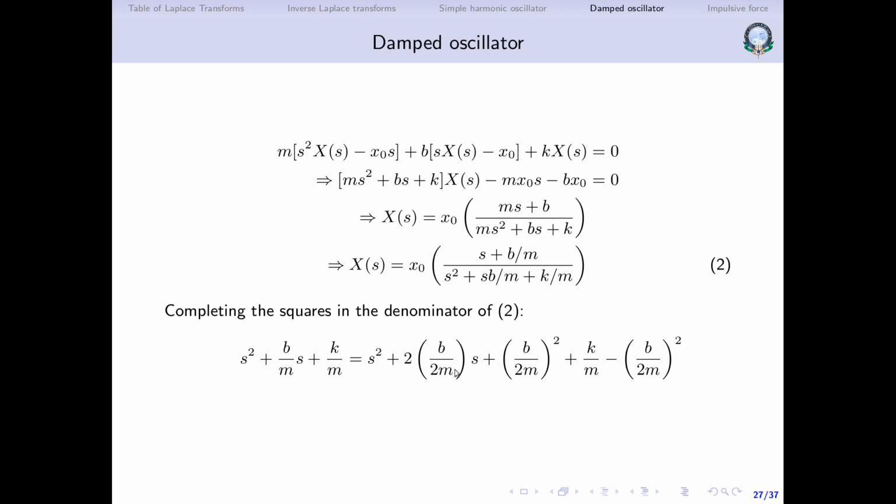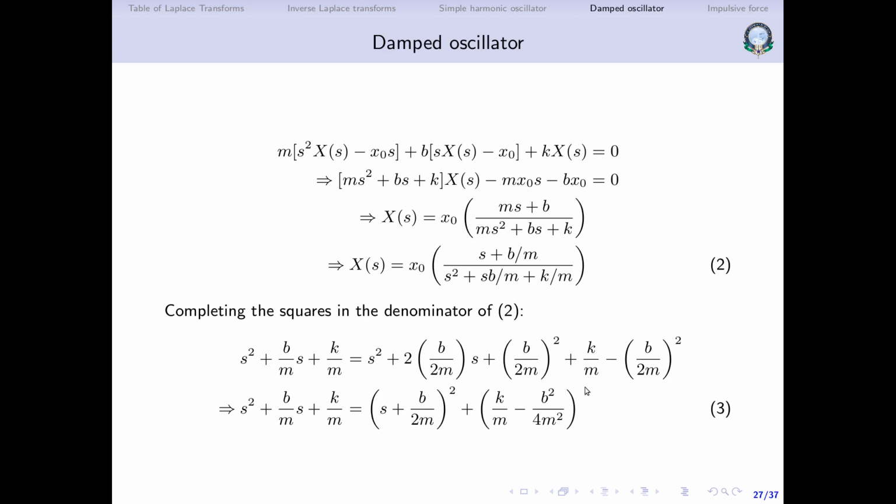Basically whatever we have got here, we just add and subtract. So it's basically the same thing. Now if you note this one, this is nothing but s plus b by twice m, whole squared. Using a squared plus twice a b plus b squared, you get s plus b by twice m, whole squared.